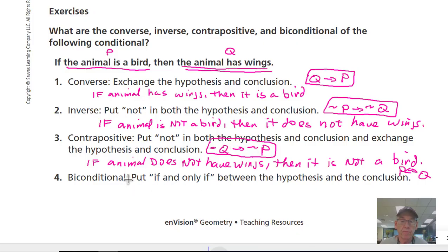Now the biconditional, basically you need to write it with if and only if in between. An animal is a bird if and only if it has wings. And if with two F's really means if and only if.